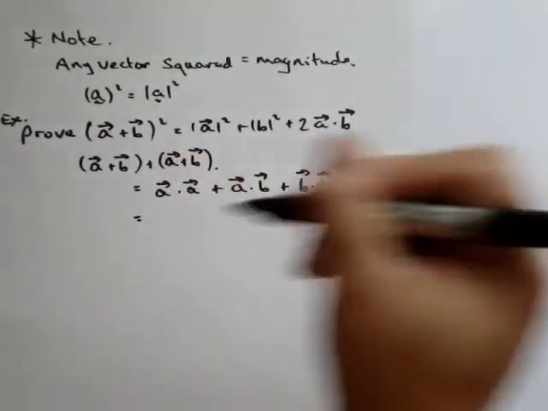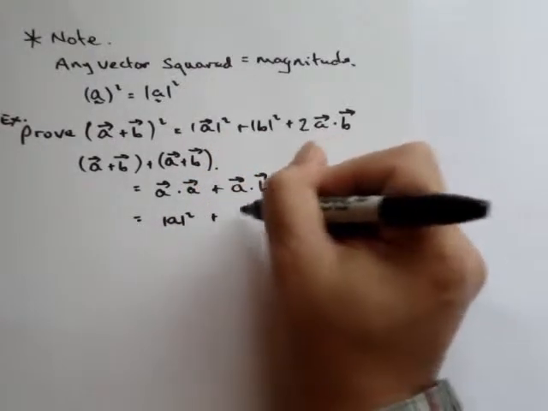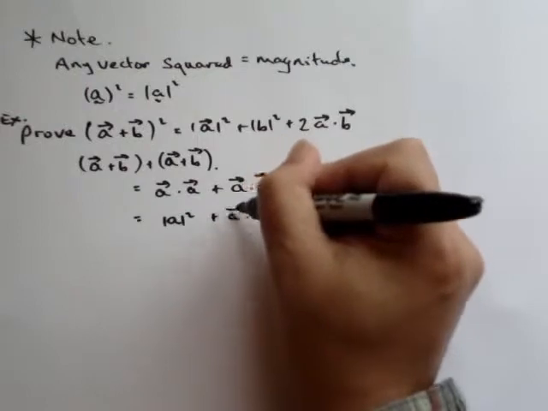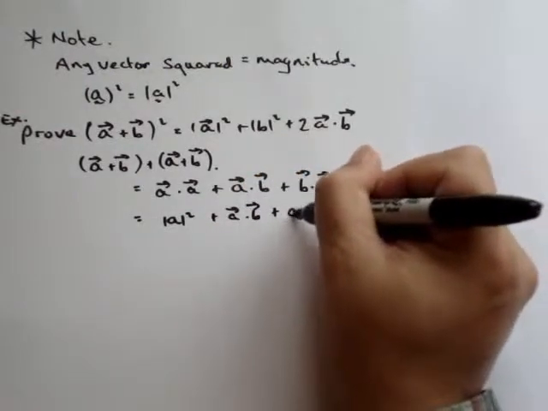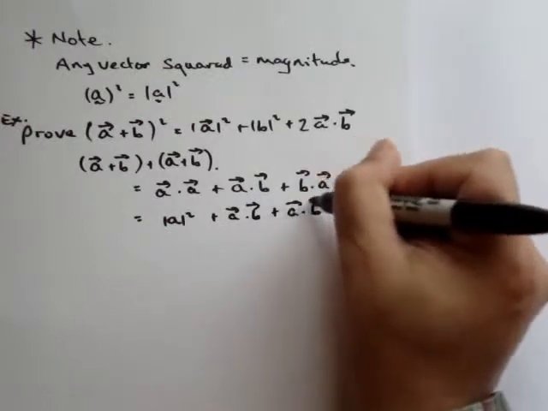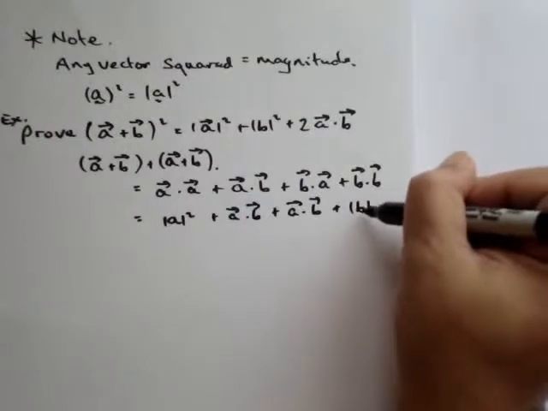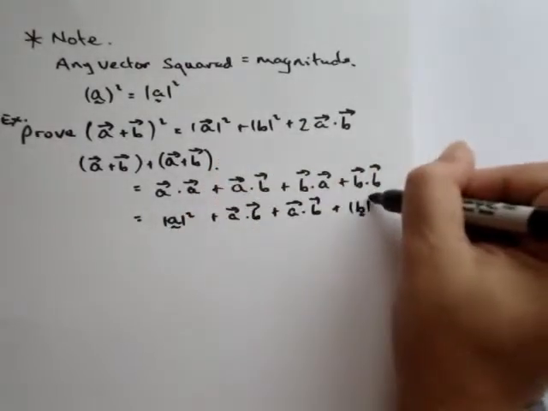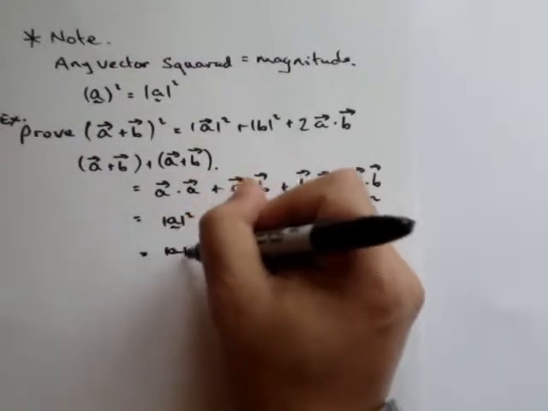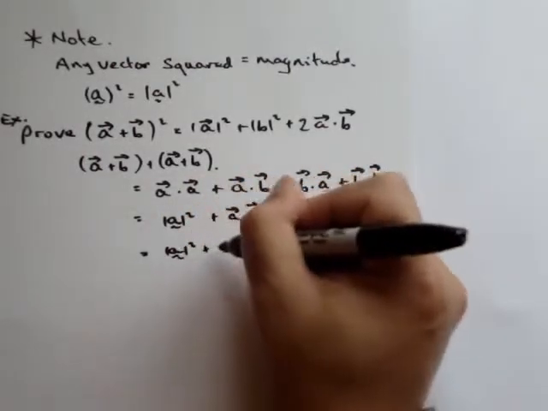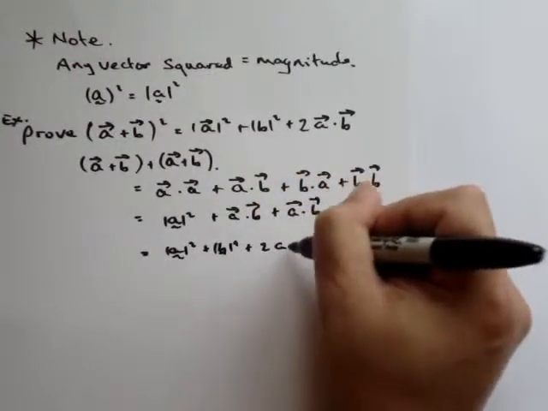So we said this was nothing but the magnitude of a squared plus ab plus another ab plus the magnitude of b squared. And this equals a squared plus b squared plus 2ab.